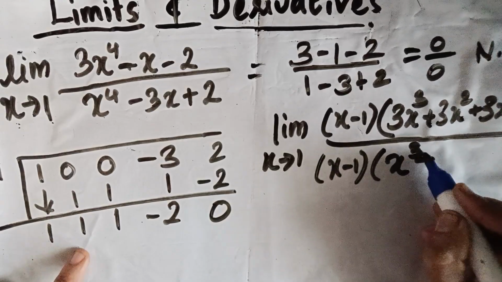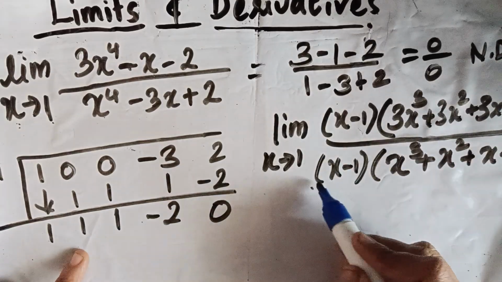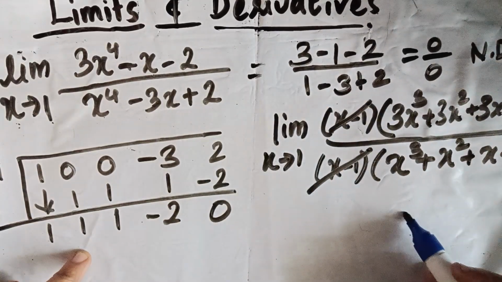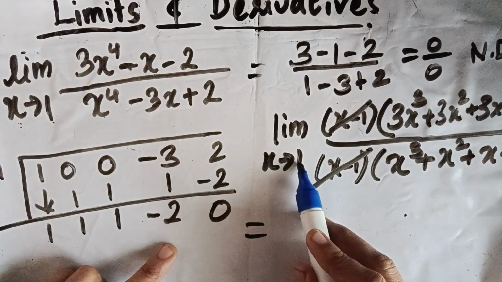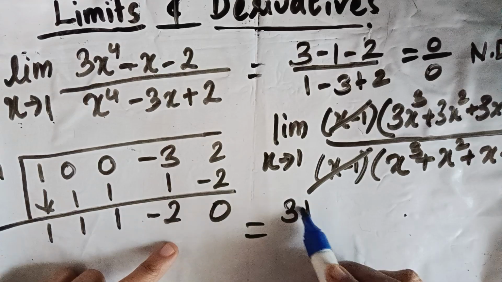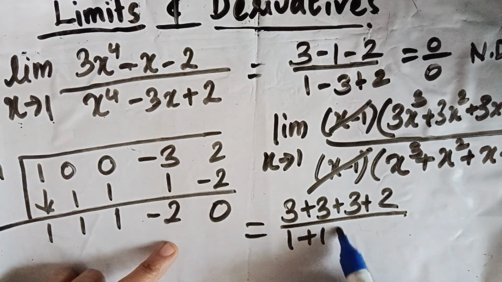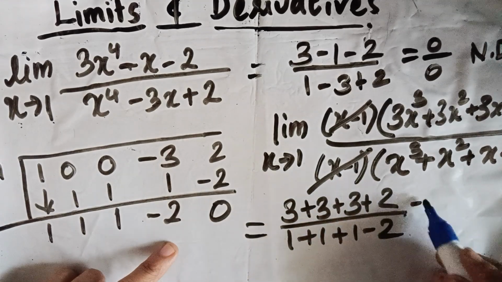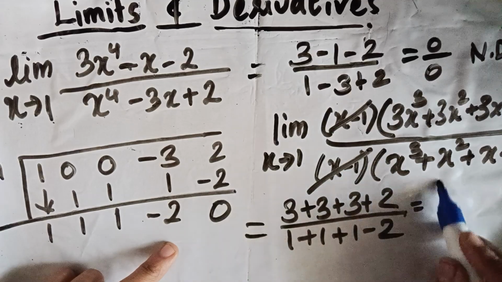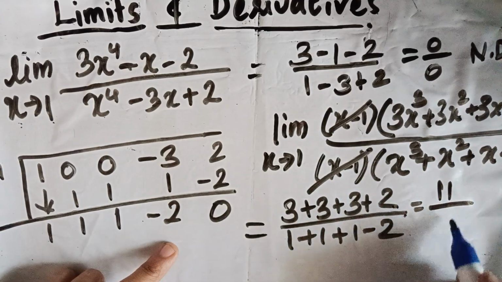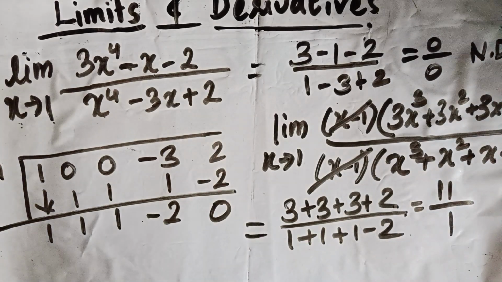So x cube, x square, x minus 2. So we can cut this x minus 1, x minus 1. Now you can put 1. So you'll get 3 plus 3 plus 3 plus 2 upon 1 plus 1 plus 1 minus 2. Okay. 9, 11, 3 minus 2, 1. So the answer is 11.